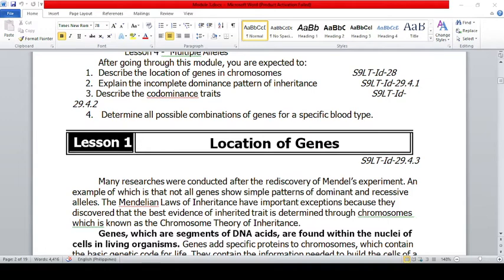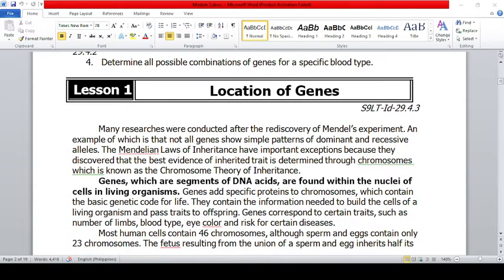Genes, which are segments of DNA, are found within the nuclei of the cells in living organisms. Remember, grade 9, always that genes contain your basic genetic code of life. Dito natin nakikita yung mga inherited na galing sa ating mga parents.